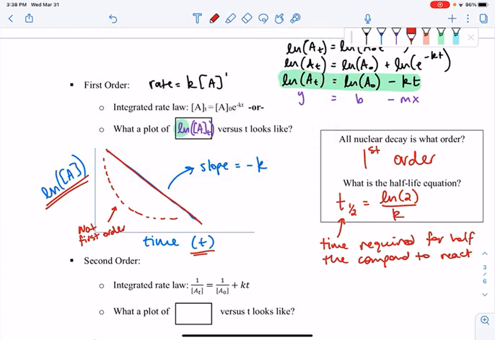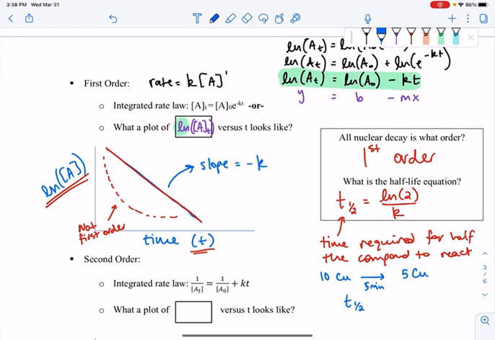So basically, if I have 10 coppers, after 5 minutes I have 5 coppers. We could say the half-life would be 5 minutes. It took 5 minutes to get half of what we had. You can calculate the half-life for reactions by using this formula here.